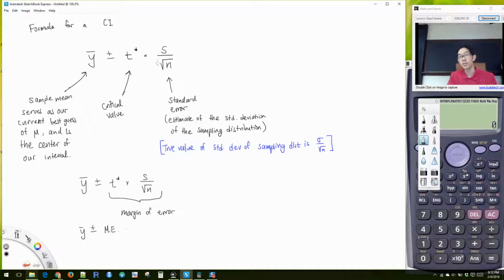And this confidence interval works because from our understanding of the central limit theorem, we know that y bar follows a normal distribution. Okay?